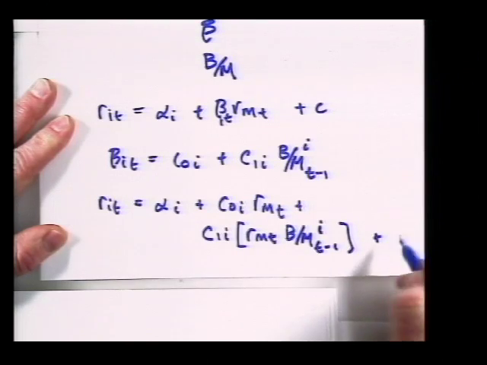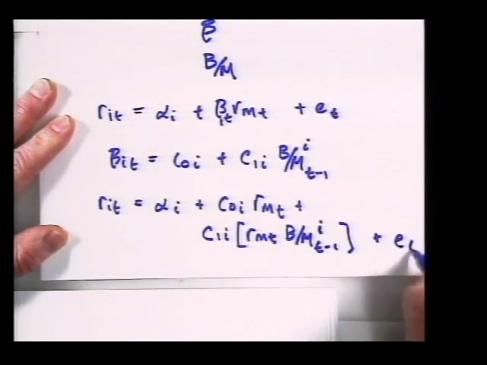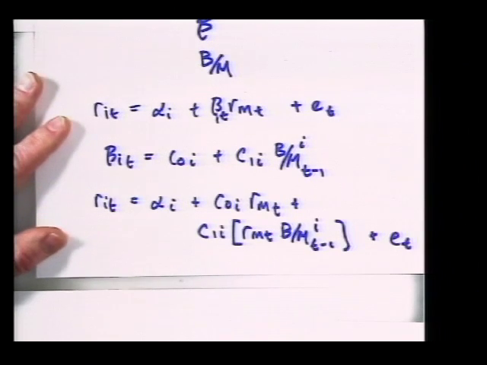And we've got some error term here. Let's call it e_t. This is identical to what I wrote out before. Everybody see that? Identical.